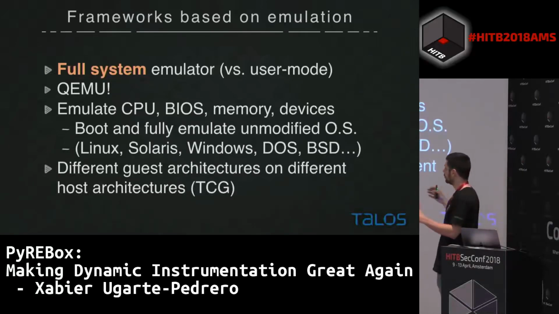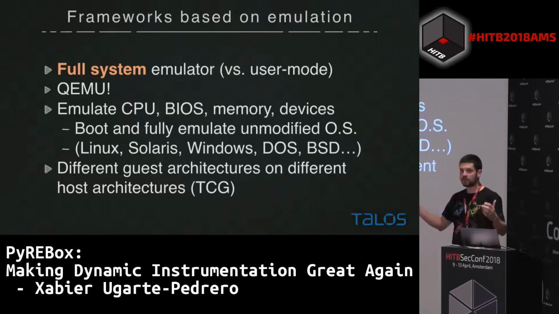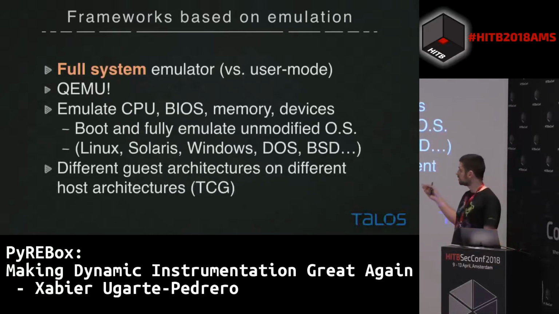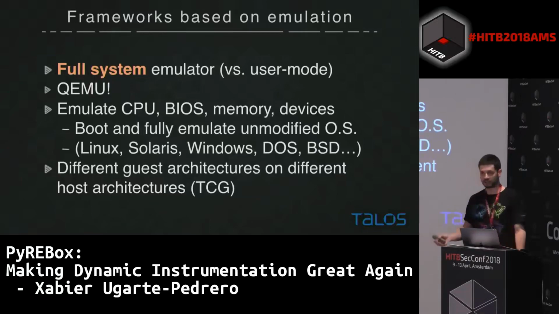This allows us to boot and fully emulate an unmodified operating system like Linux, Solaris, Windows. There are many operating systems supported. And it also has a feature that allows to emulate different guest architectures over different host architectures.